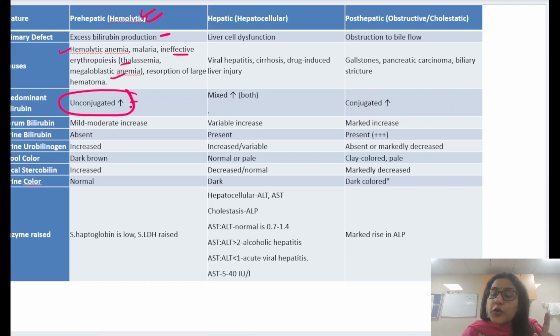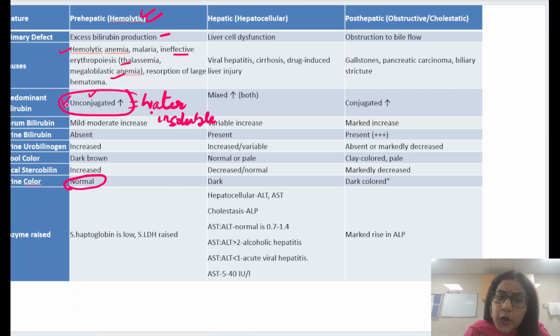This unconjugated bilirubin, please mind you, is water insoluble. It is not going to be soluble in water, and as a result you will not find this bilirubin in urine. So your urine color is going to be absolutely normal. That is the first part. Second, because there is a lot of unconjugated bilirubin, a lot of it is going inside the liver to get conjugated. Hence you will have more urobilinogen in the urine.